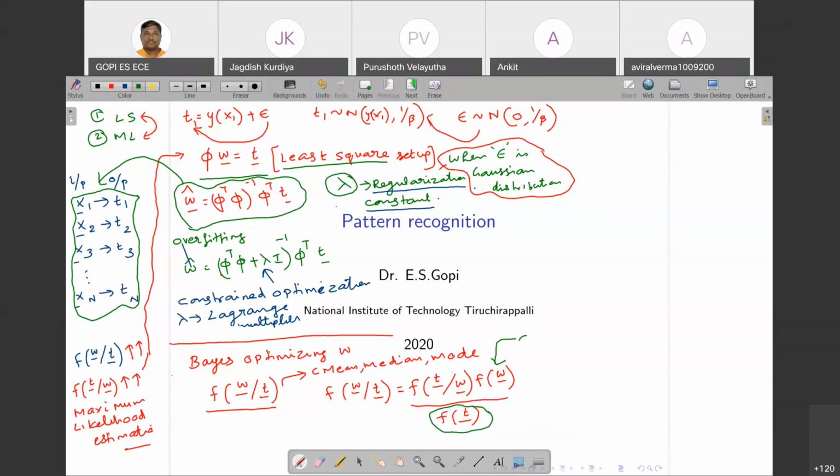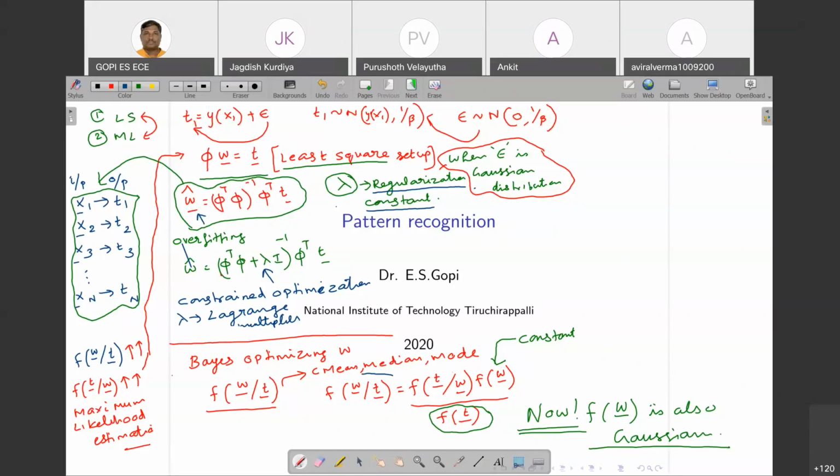But now what we are going to do is, f of W is also Gaussian. That is the very important thing today. See, this f of W is also assumed as Gaussian, right? So the W we'd like to estimate is also modeled as Gaussian, right?